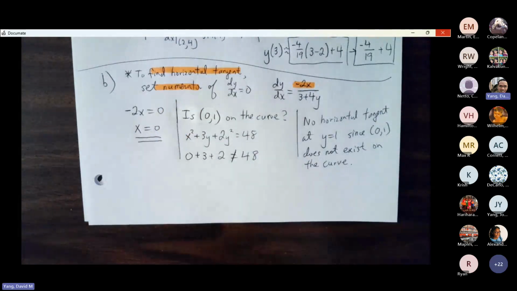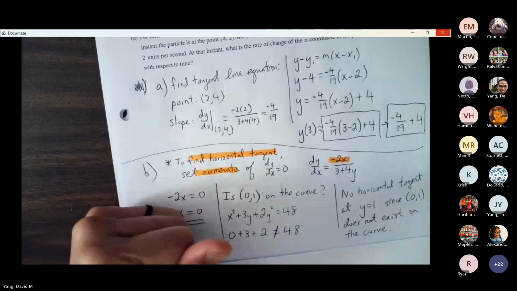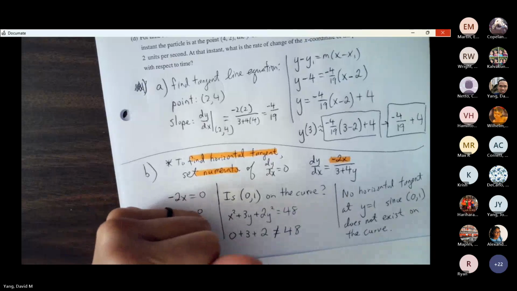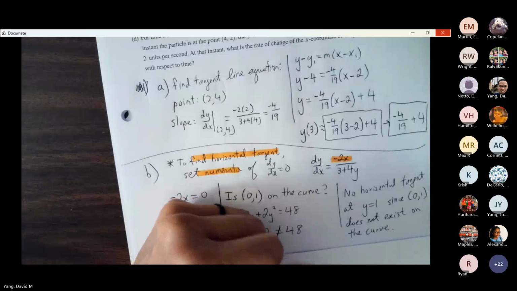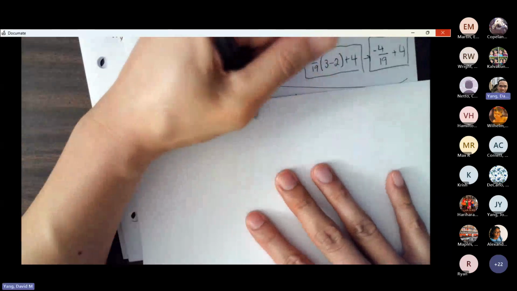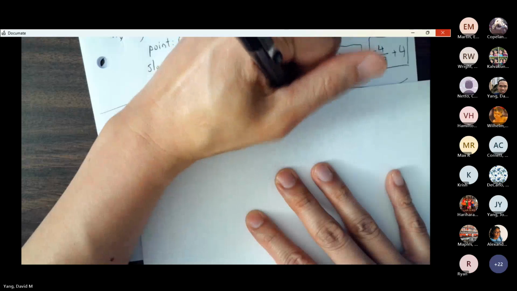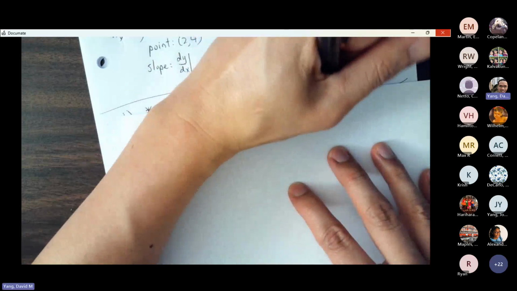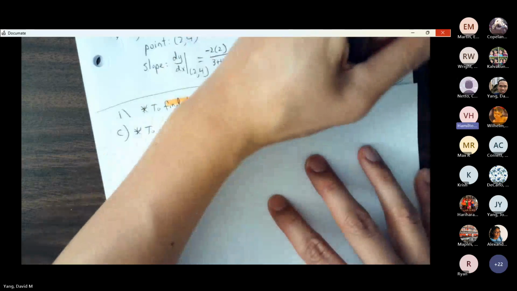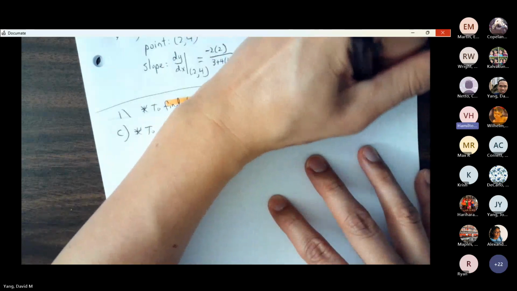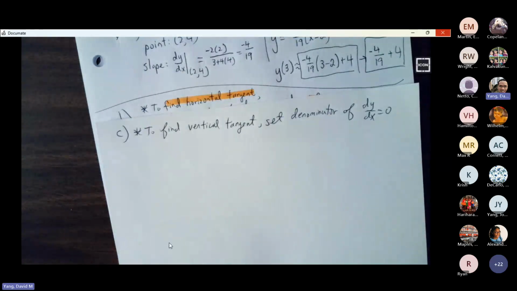So for part C, to find the vertical tangent on a curve, set the denominator of your derivative equal to 0.